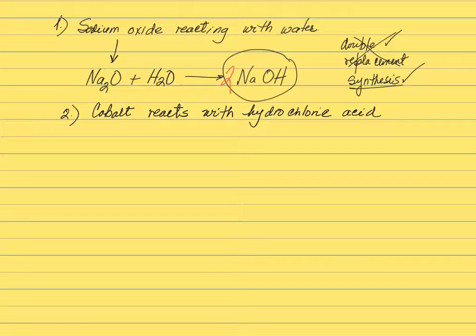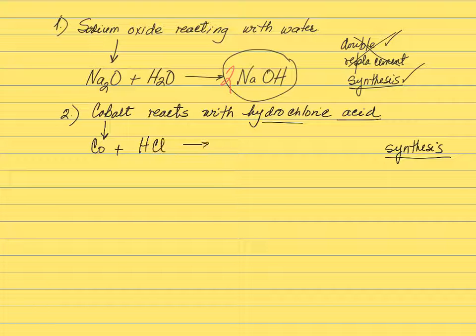Cobalt is reacting with hydrochloric acid. Okay, I'm going to start with synthesis. I have cobalt, which is an element, reacting with hydrochloric acid. In synthesis, you have 4 different types.